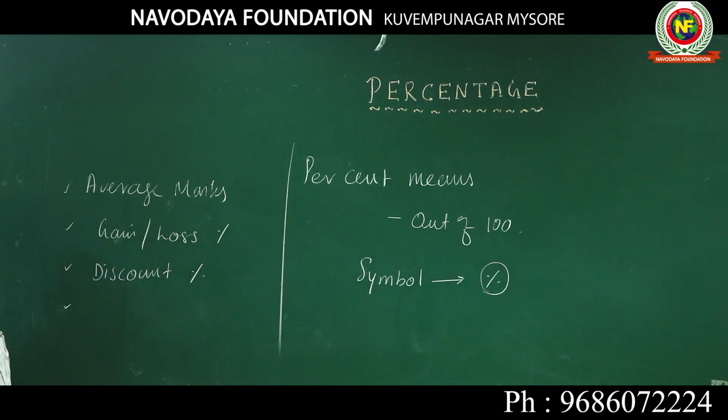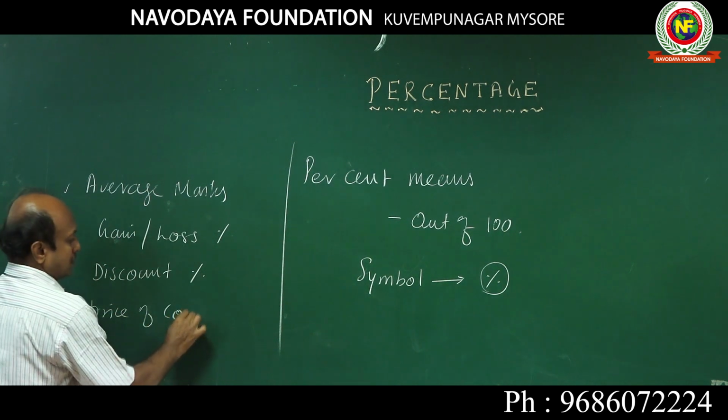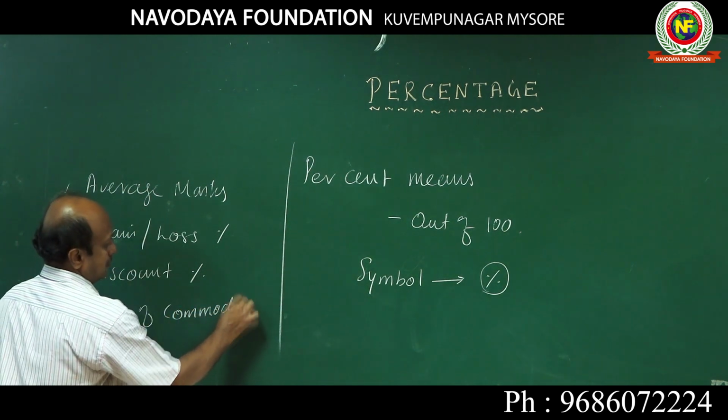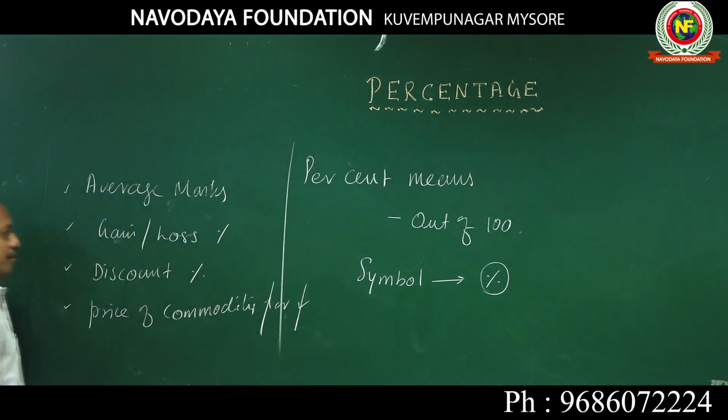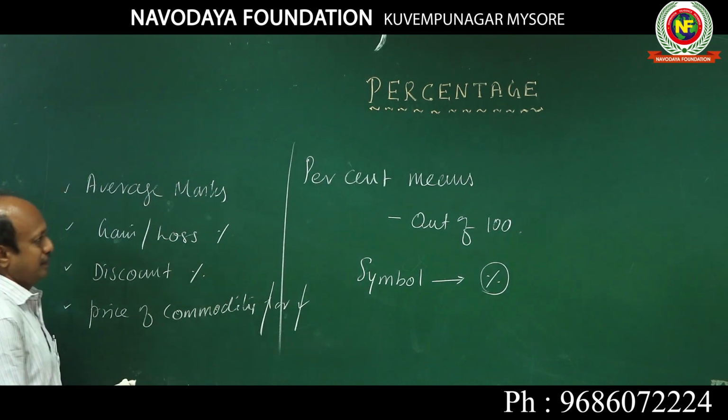Many other places, the price of a commodity increases or decreases, right? Many other places we are going to use the word percent, that is nothing but percentage. It is nothing but out of 100.